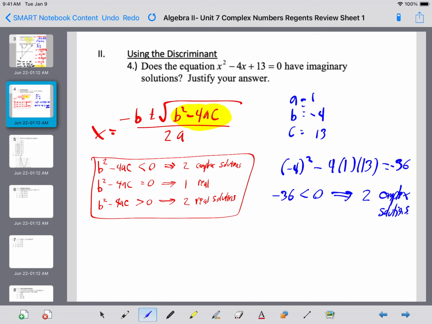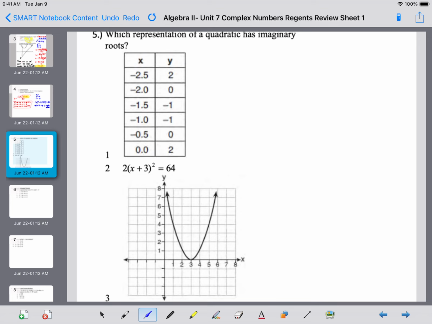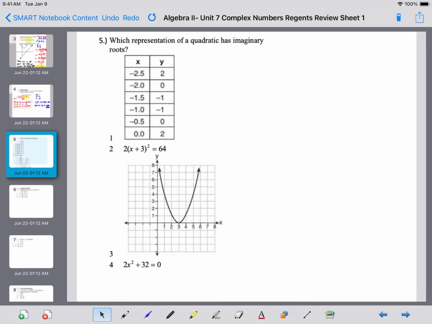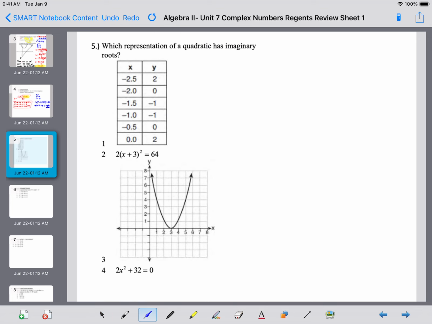Okay. Which representation of a quadratic has imaginary roots? These are two real roots. This is one real root. For these, they are not trinomials, so you don't have to factor or use the quadratic formula. You could actually just solve.